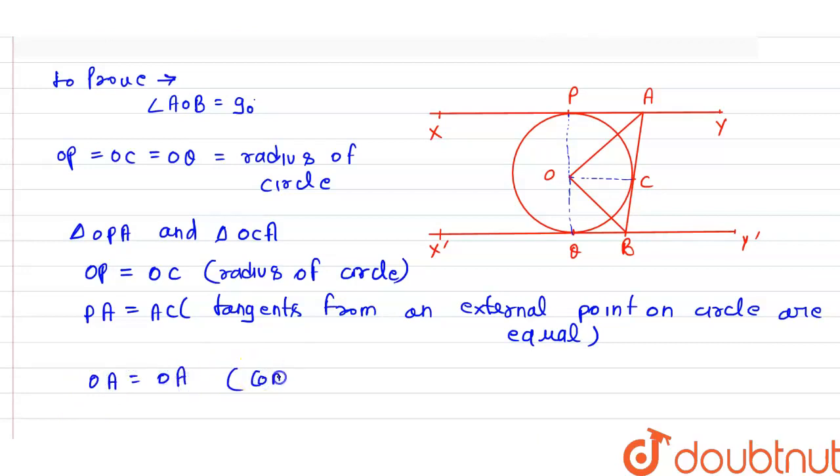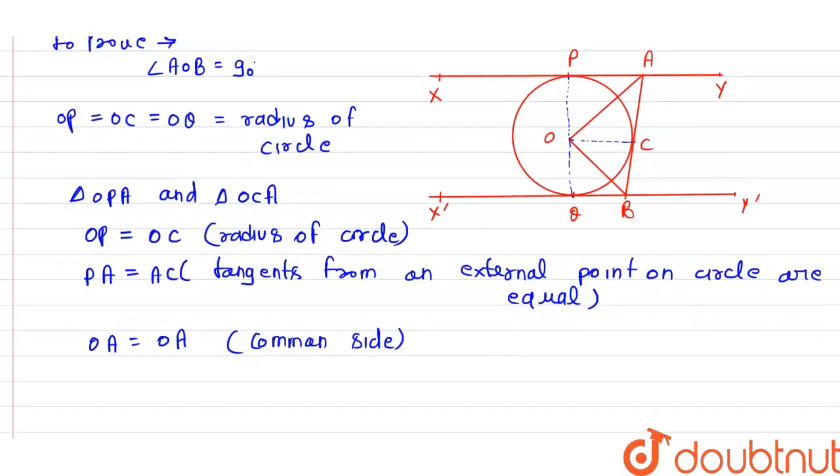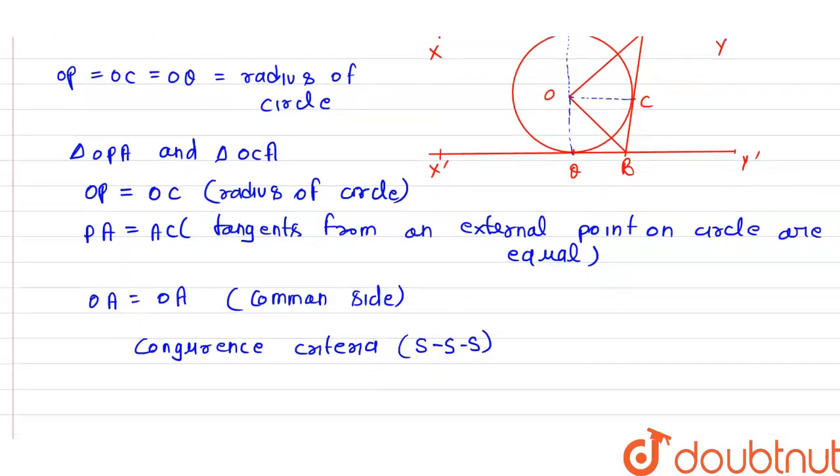By the congruence criteria, if the three corresponding sides of two triangles are equal, then the triangles are congruent. So we apply the side-side-side criteria.